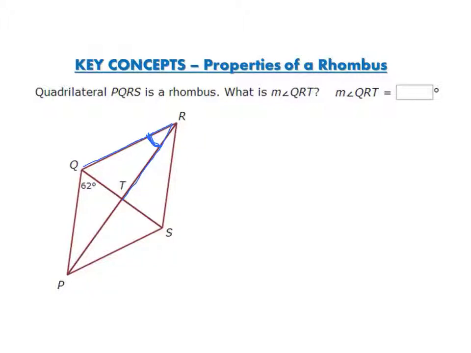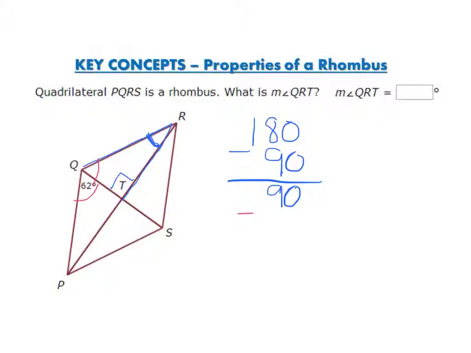So hopefully you know that every triangle has 180 degrees. So I'm going to start with 180 degrees. Also, you should know that I have one right angle. So I'm going to subtract 90, which leaves me 90. Now another thing you should know is that this angle is congruent to that angle.